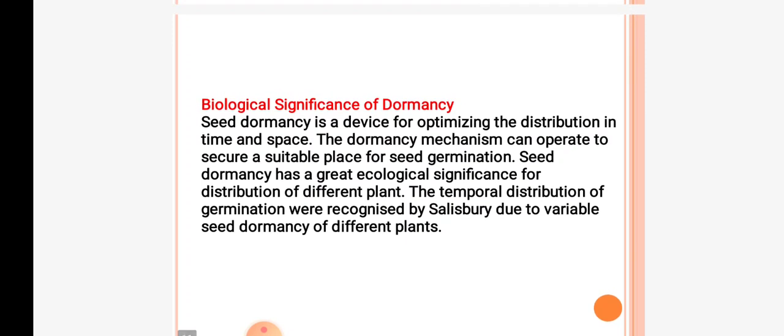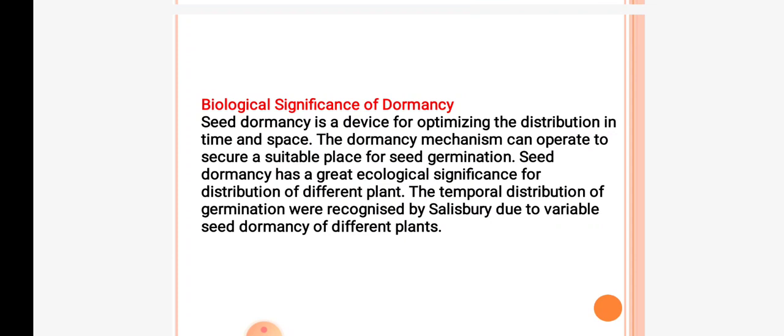In this slide, we will study about the biological significance of dormancy. Seed dormancy is a device for optimizing the distribution in time and space. The dormancy mechanism can operate to secure a suitable place for seed germination.